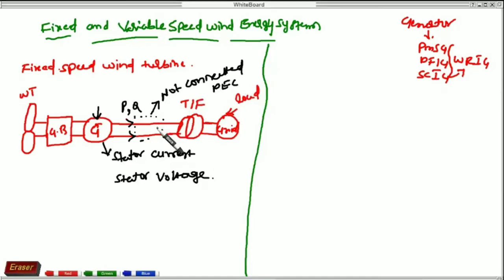PEC not connected means this is a fixed wind turbine, right? Whatever the wind speed, it is fixed.